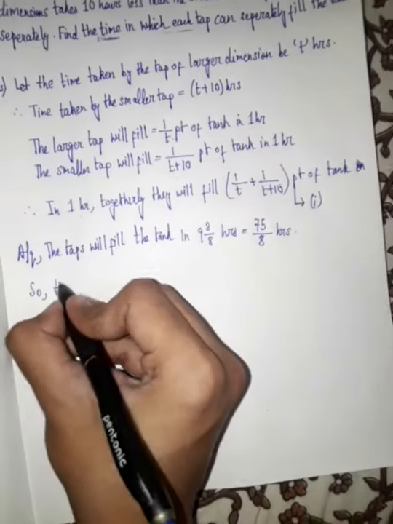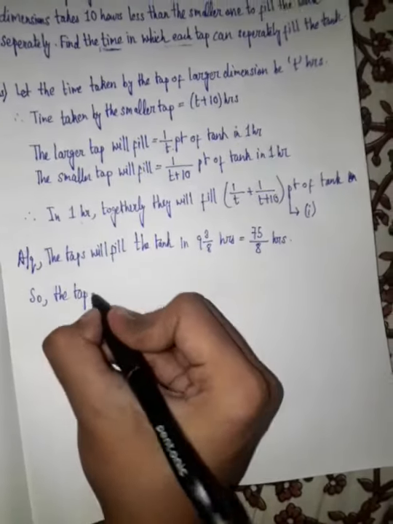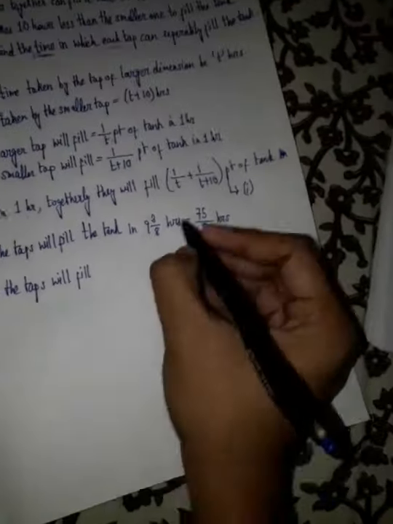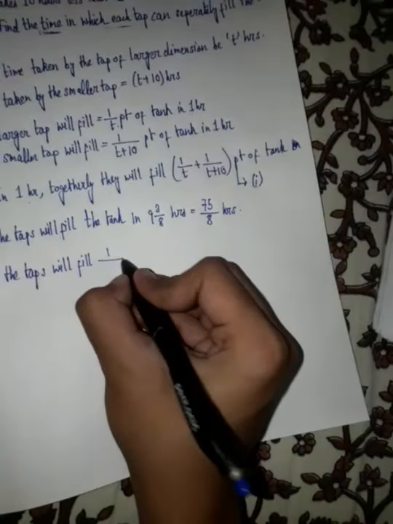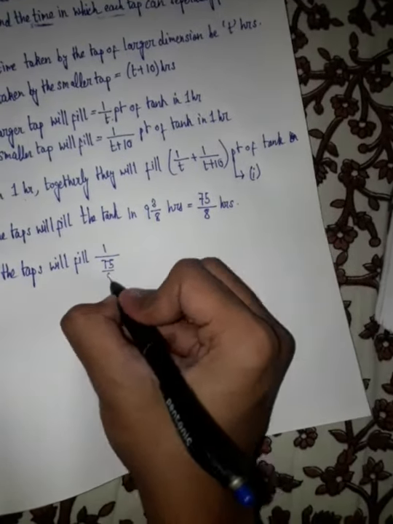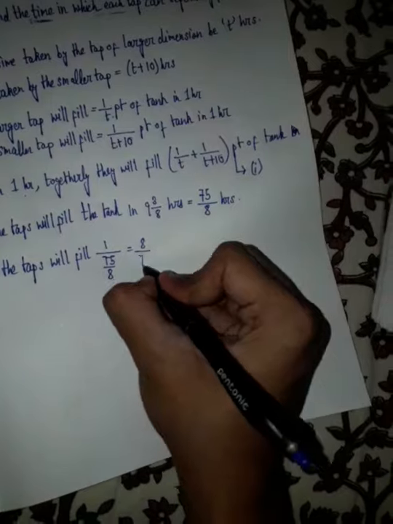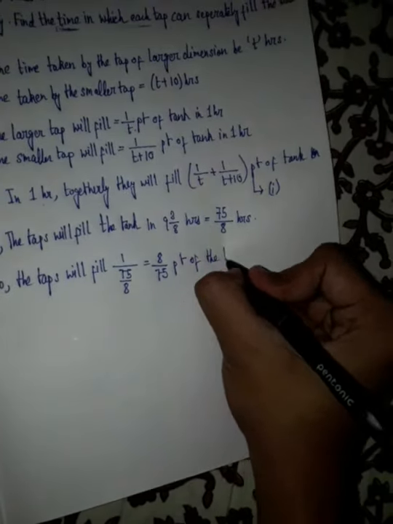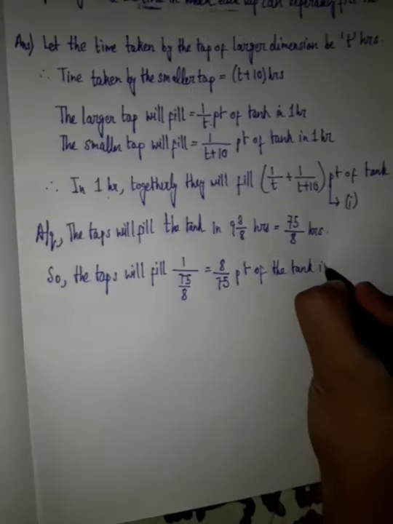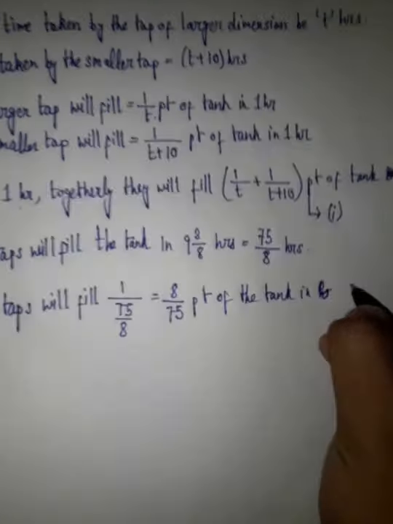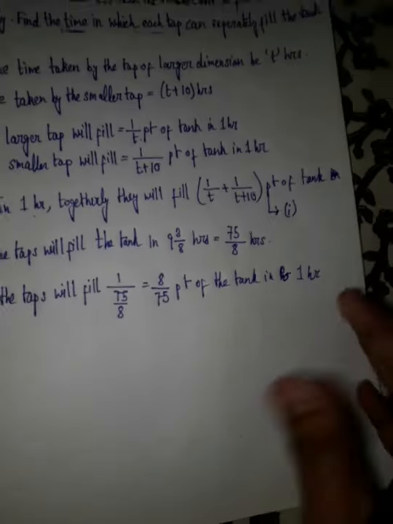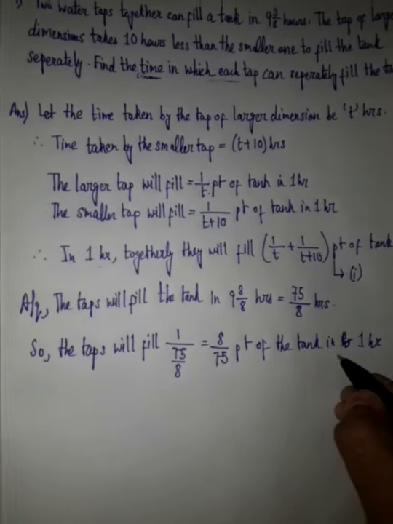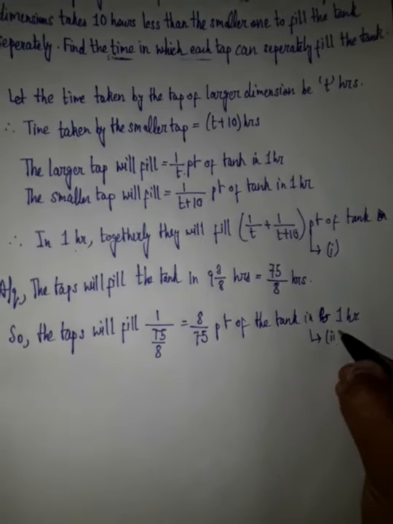So the taps will fill, this will be inverted, 1 by 75/8 equals 8 by 75 part of the tank in 1 hour. Okay, this much is done. So this will be the second declaration or equation.